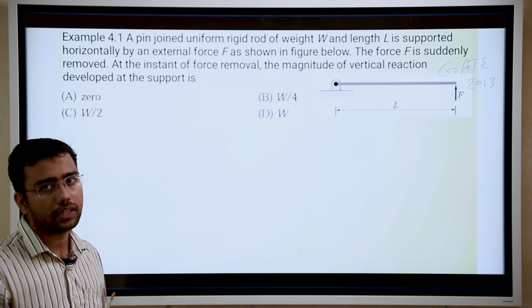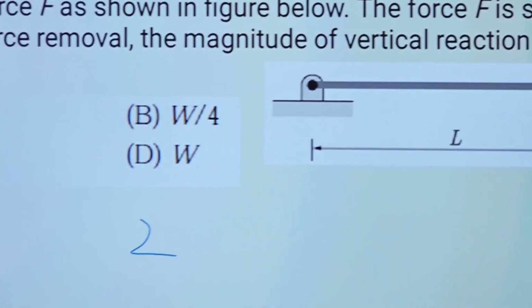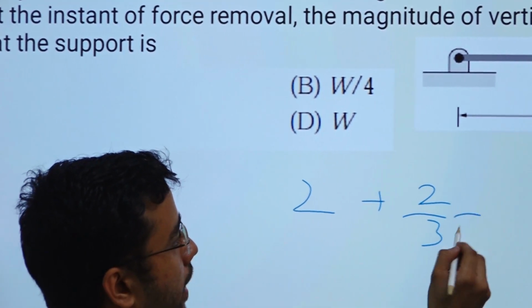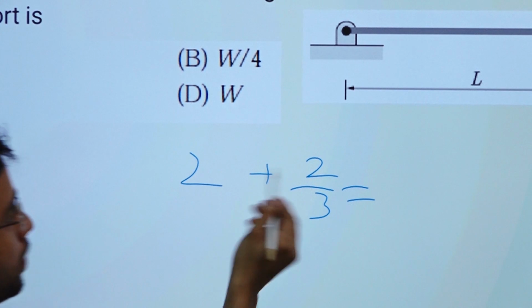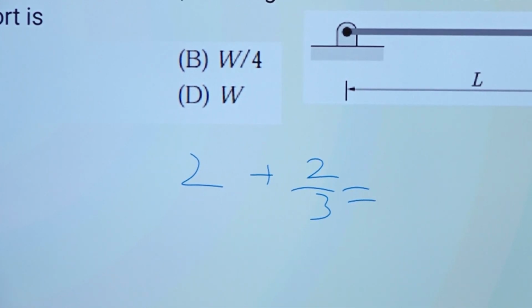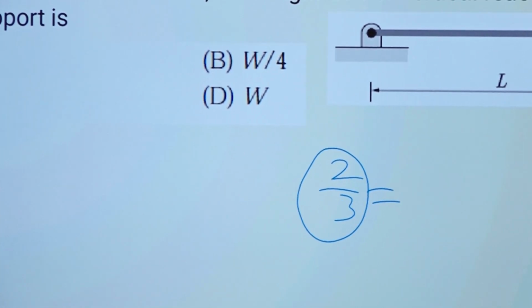I did this question wrong and I got negative marks. This was a 2-mark question. I put a wrong answer, so I lost around 2 plus 2 by 3 marks. Had I not even tried this question, I would have had 2 by 3 more marks.